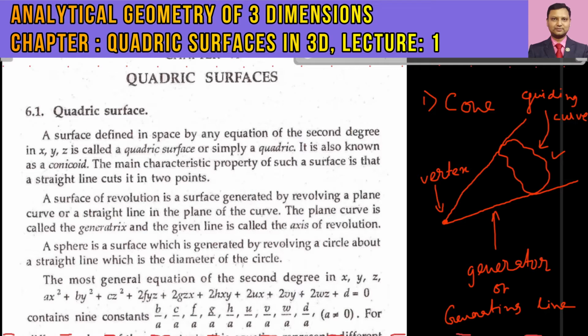Now over here you see this generator would also be extended in the negative direction as well. So in this direction as well as in the opposite direction it will be extended. So the cone would be this type of surface. All right, so this is the picture of a cone.